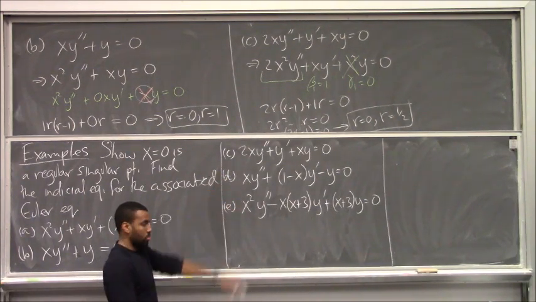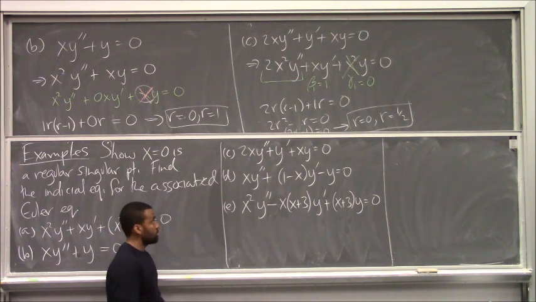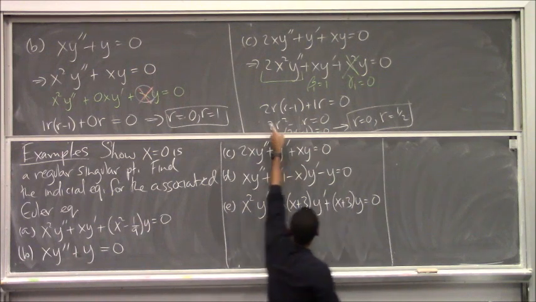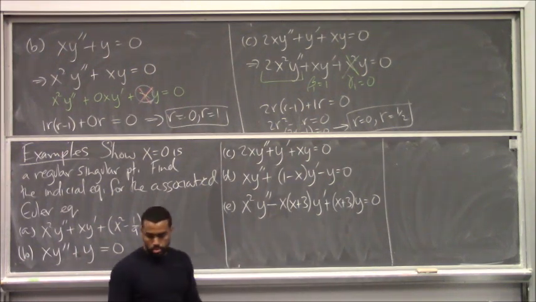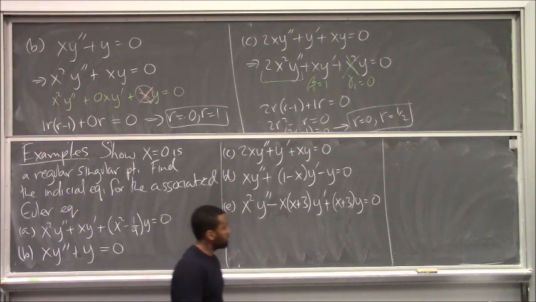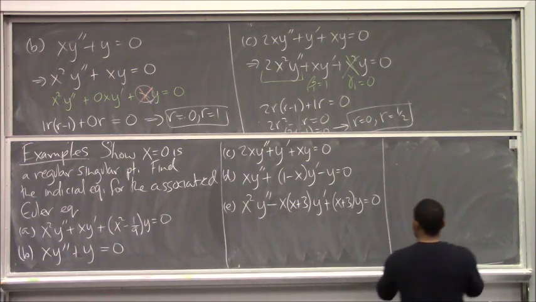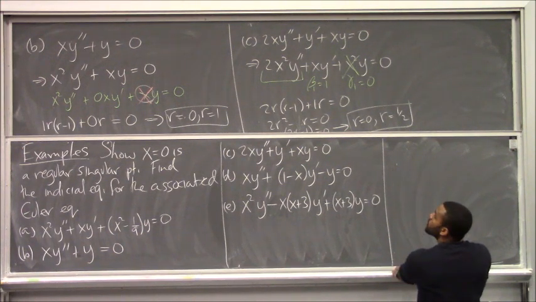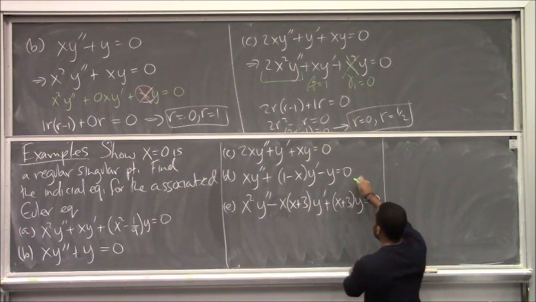Do both of them. Just get to the initial equation, this equation right here. R squared is equal to 0. For this one, you get r squared is equal to 0.